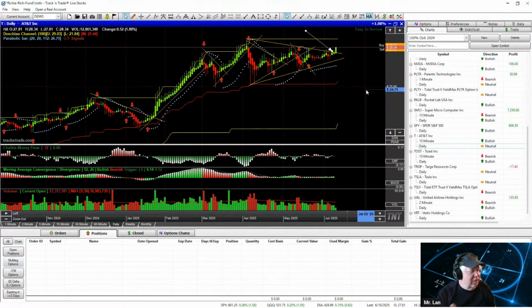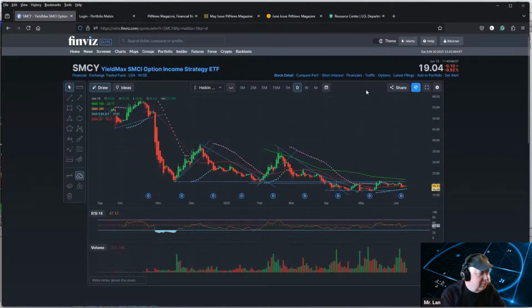As far as a real dividend goes, like real dividends, not profit from options, but a real dividend, profit sharing. That's what a dividend is. Yield max funds don't give you dividends. They give you profit sharing. They give you what we call distributions. But they do it through the dividend process because that's the only mechanism available to them in the stock market.